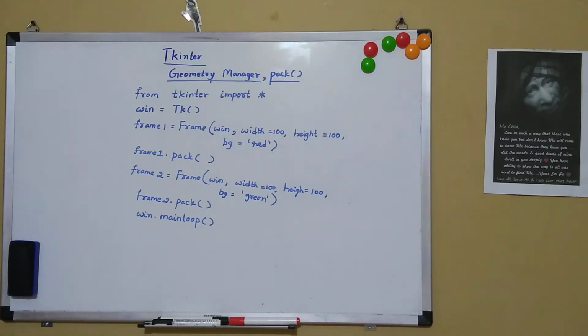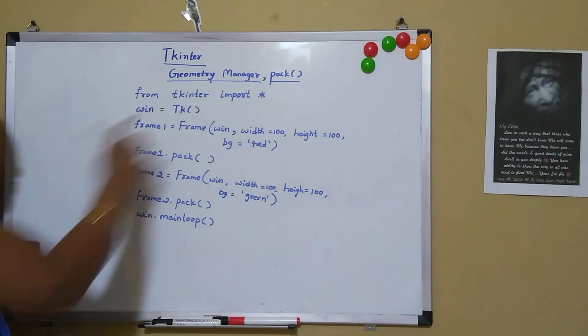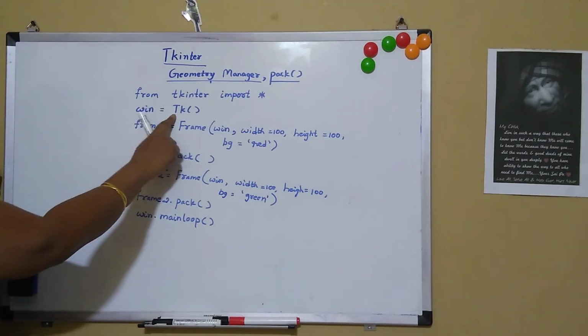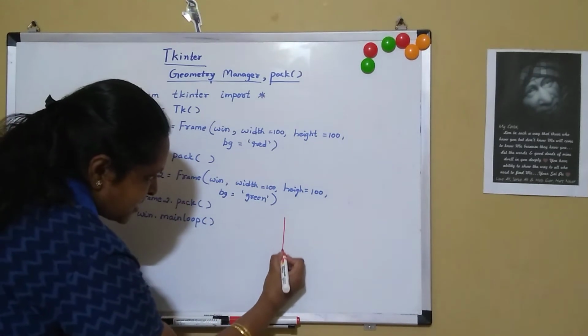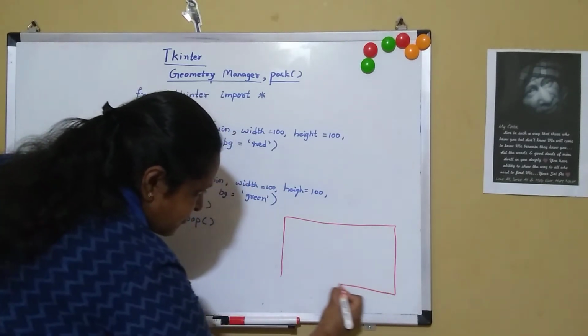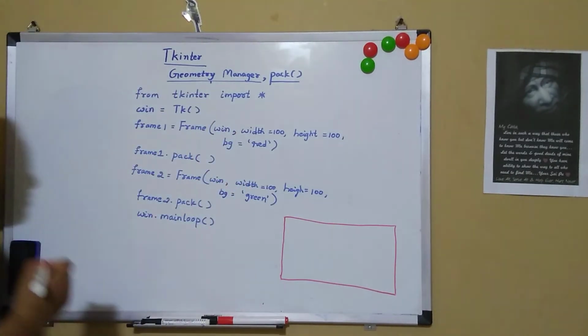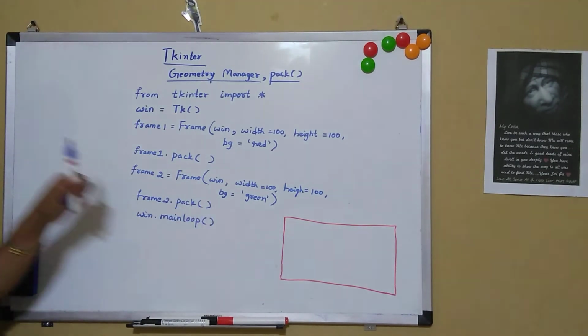So friends, what happens in this particular scenario? First it will import the Tkinter module, then it will create a main window. So win equal to tk creates a main window.